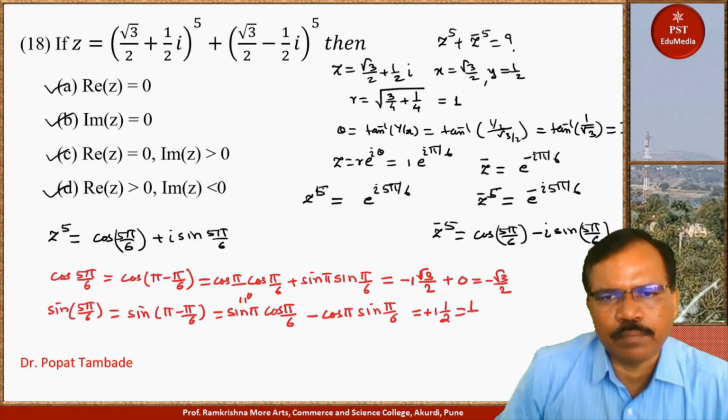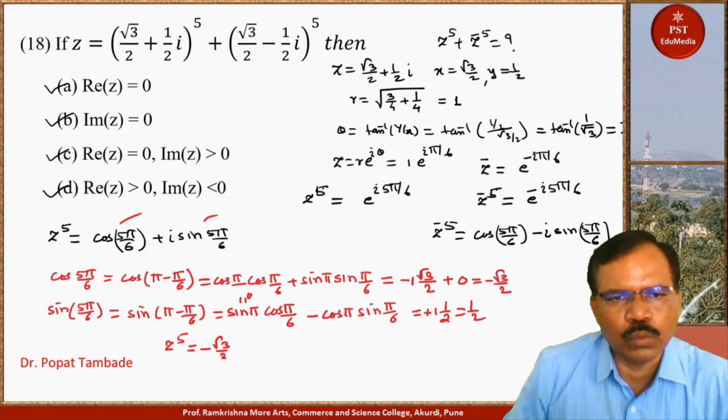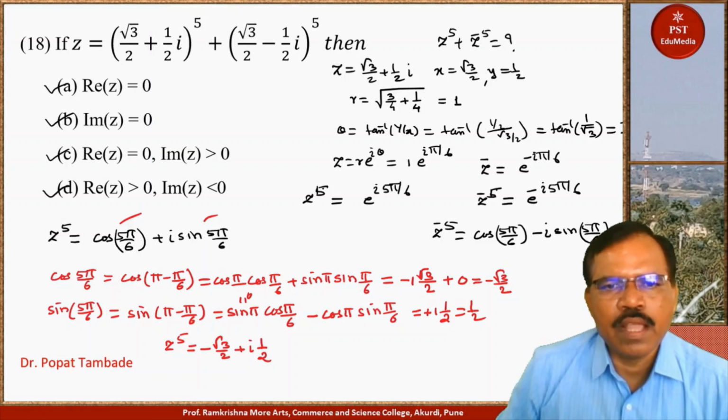So it is 1 half. So z raised to 5 is equal to minus root 3 by 2 plus i into 1 half. And z bar raised to 5 is equal to minus root 3 by 2 minus i into 1 half.